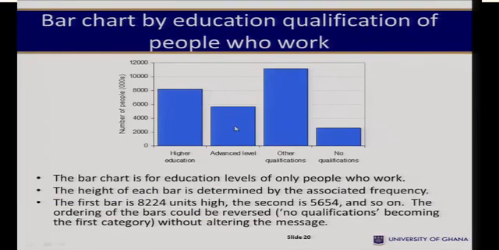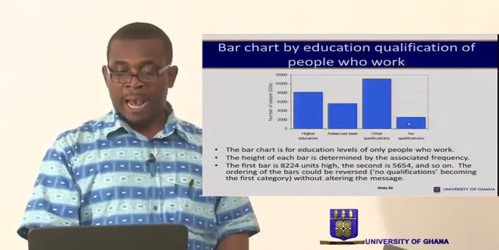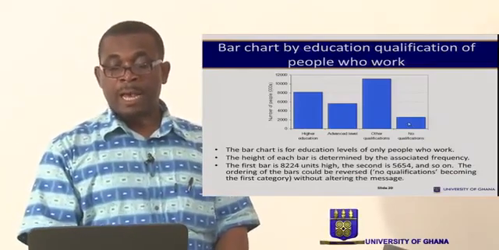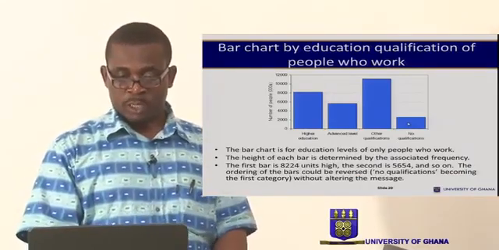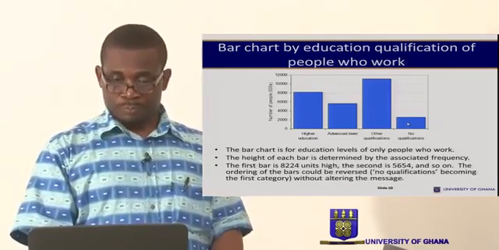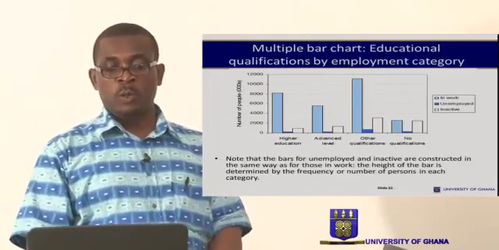Similarly, this is for those with advanced level or A levels, and this bar represents the 11,167 who have other qualifications but are working. And then these are those without any qualification but are working. So you represent each of them by a bar, and the height of the bar indicates the number of persons belonging to that group.